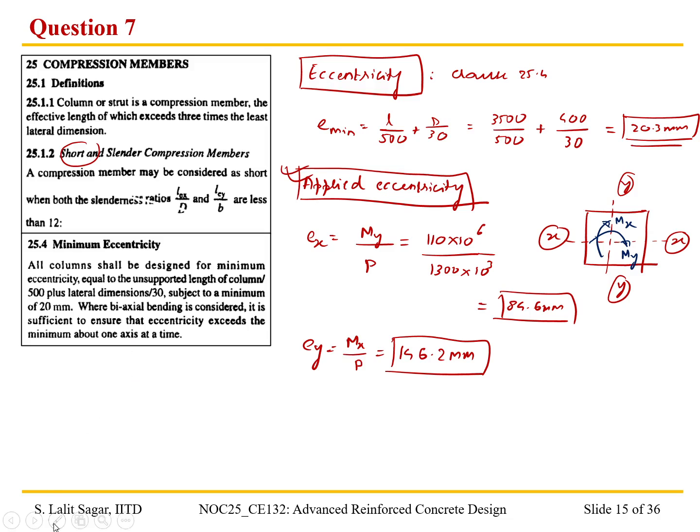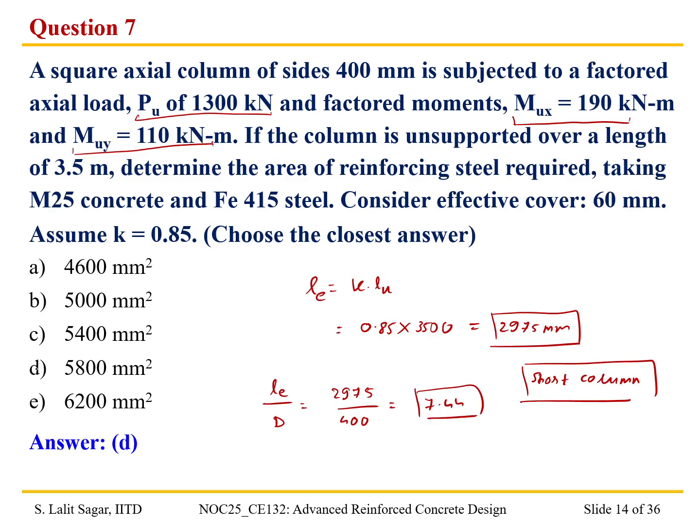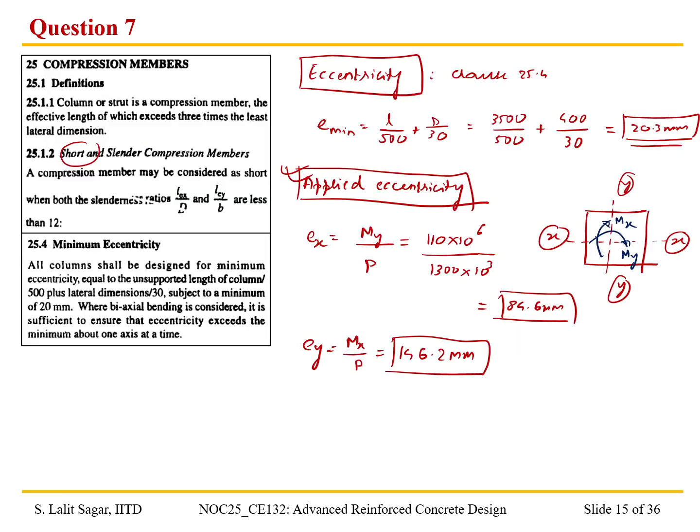I'll take a different ink to distinguish the coming procedure. What is the actual load? 1300. So Pu is 1300 kilonewton, Mux is 190 kilonewton meter and Muy is 110 kilonewton meter.